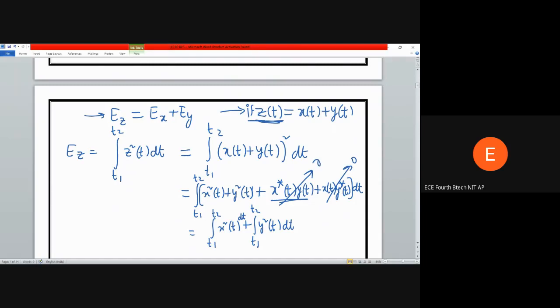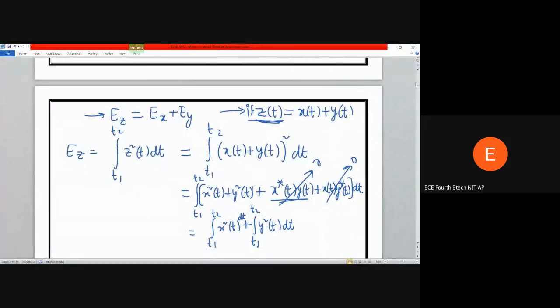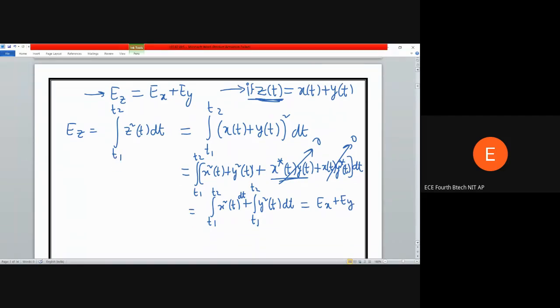These two go to 0. Hence you get Ex plus Ey, which is exactly the same as the Pythagoras theorem for vectors. That means the energy of the signal z is equal to the energy of x plus the energy of y.